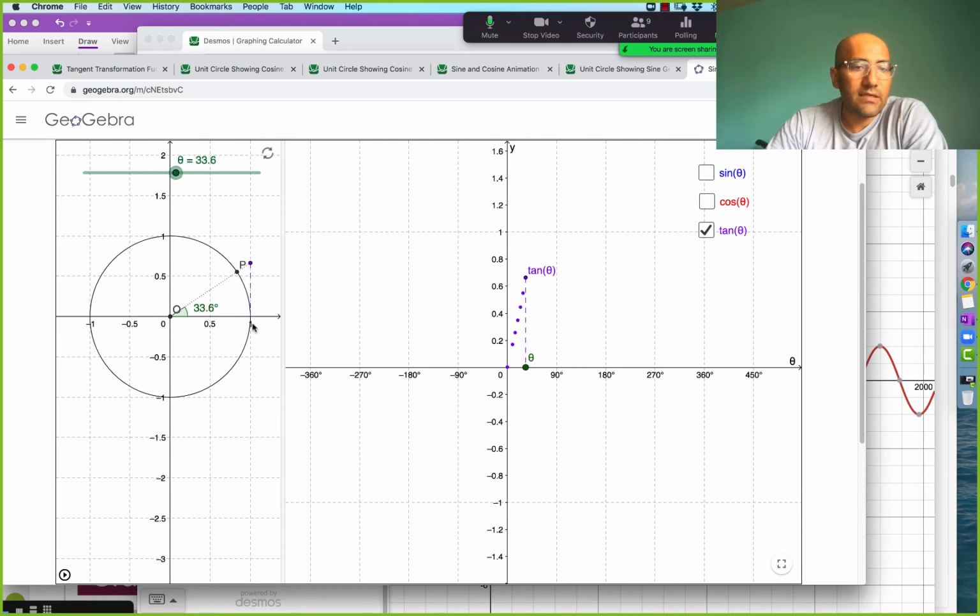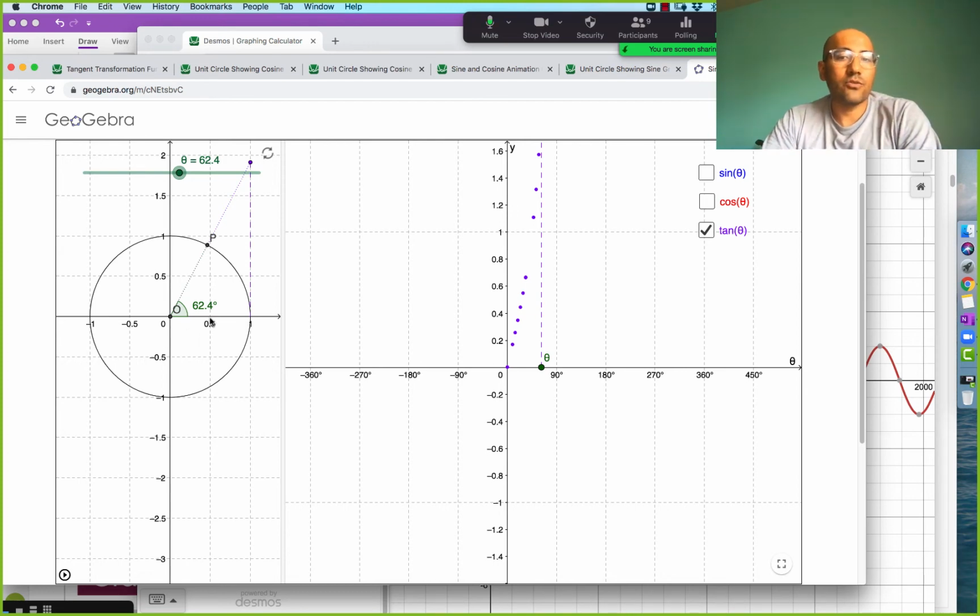Now it's this divided by this. As I create this triangle here and divide this height by this distance, it gives me some output. And as I'm moving this way, the numerator is getting bigger and bigger, and the denominator is getting smaller and smaller.